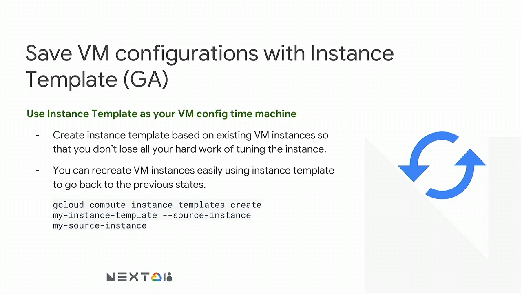Why is this useful? Because we have heard of many use cases, especially a developer trying to prototype something, starting off a new project. They often start with a VM and then tweak it to exactly what they want. Maybe add a disk, maybe change the network, etc. So once they're done tweaking it, and get to exactly the golden state, they might not actually need the VM anymore, because of prototyping. But they want to make sure they save the configuration so that they can go back to recreate that.